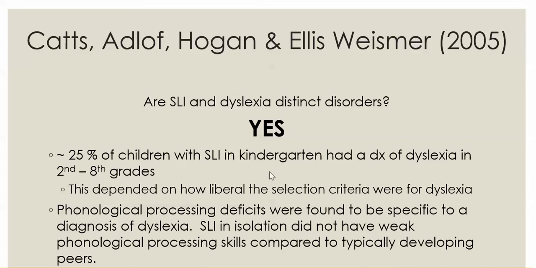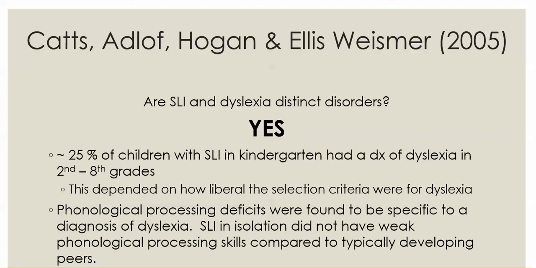Other studies have now followed up in 10th and 12th grades, and I believe these kids have now graduated high school. But this was approximately 25% because it depended on how liberal the selection criteria were, depending on what scores they used for IQ. But broadly, we can say that approximately 25% of kids with SLI in kindergarten will go on to be dyslexic later, which is to say that that's not a very high percentage.